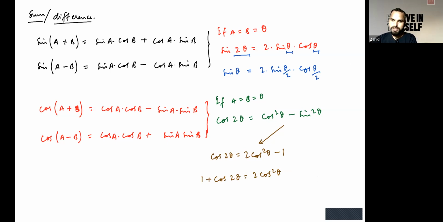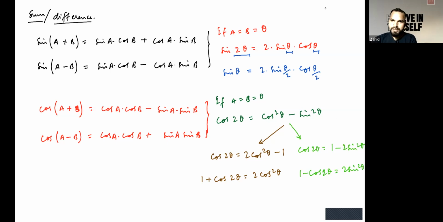Now suppose you break this term only in terms of sine. You will get cos 2 theta equals 1 minus 2 times sine square theta. Now, if you move this term to this side and this term to this side, you will get 1 minus cos 2 theta equals 2 times sine square theta.